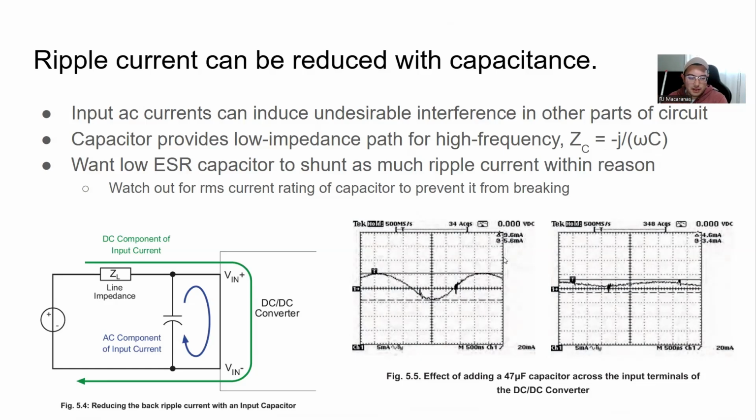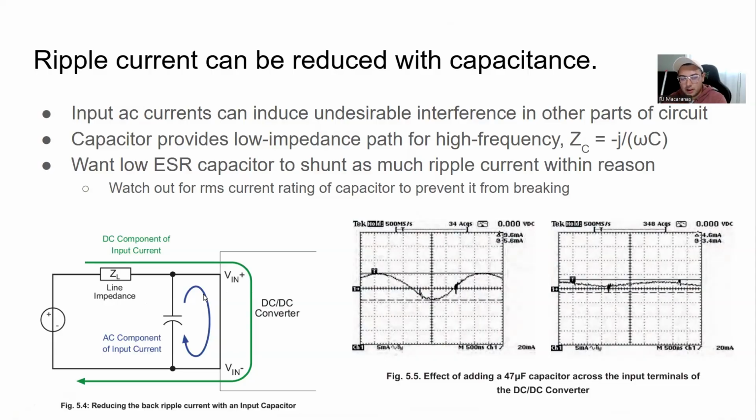And our goal ultimately is to get rid of this AC component of the current, and that happens through the equivalent series resistance, right? So the capacitor is helping to shunt all this high frequency energy, and then if we have a low amount of ESR, that also helps pull in more of that AC current, thereby reducing our AC component of the ripple current that gets to the DC to DC converter and also to the load, right?